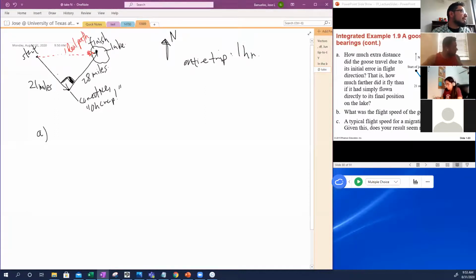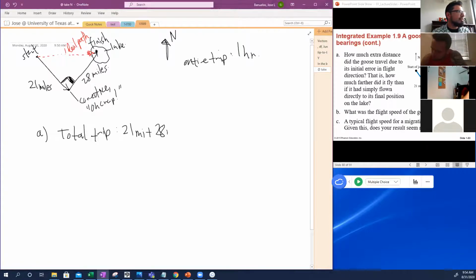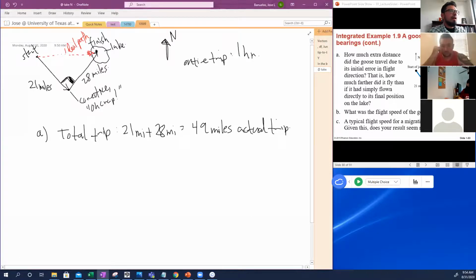So basically, if we say total trip was, what was it? 21 miles plus 28 miles. Add that up, that gives you 49 miles is the actual trip. In this case, they want to know how much farther did he fly? Well, we need to know in that case, what's the ideal path?